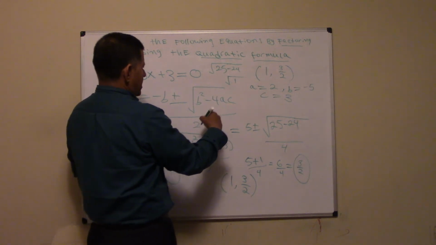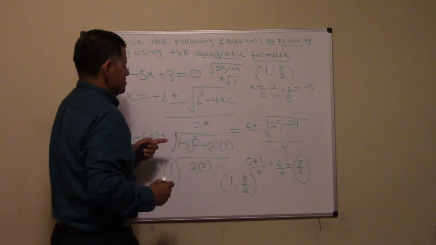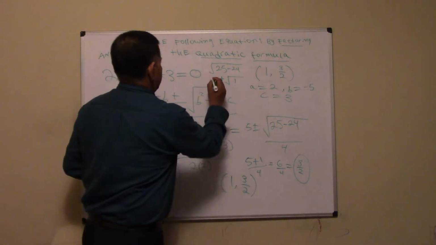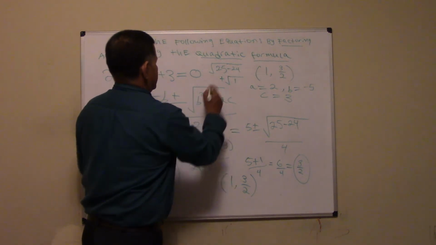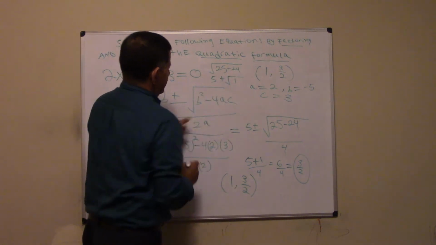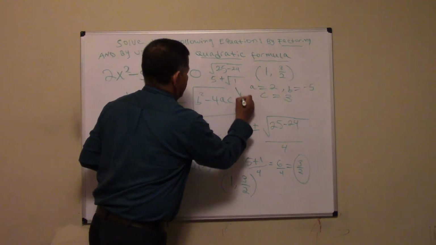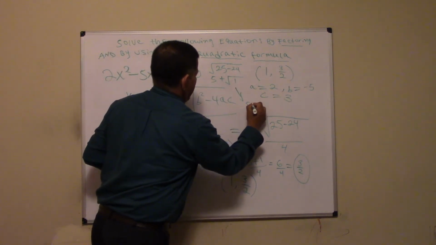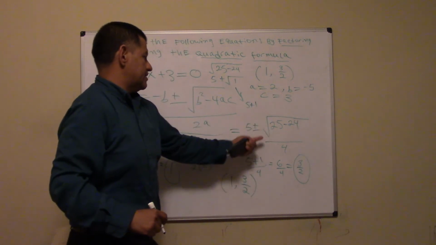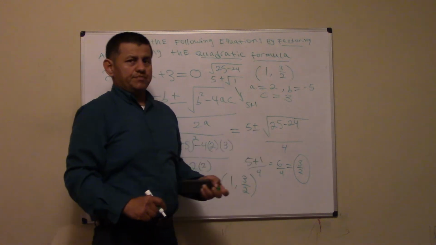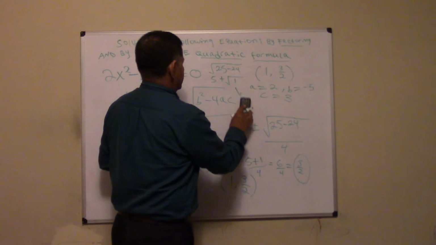If I use the plus sign, I add it to the 5, so this becomes just 5 plus 1. I just want to make sure I didn't skip that step.